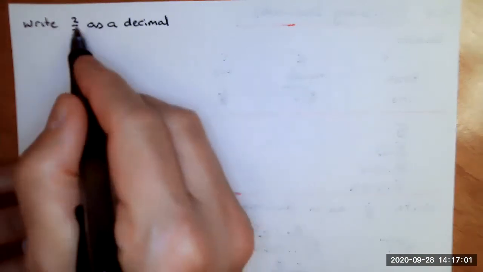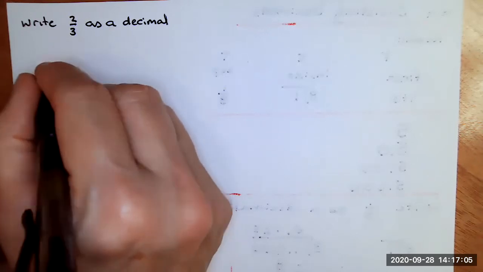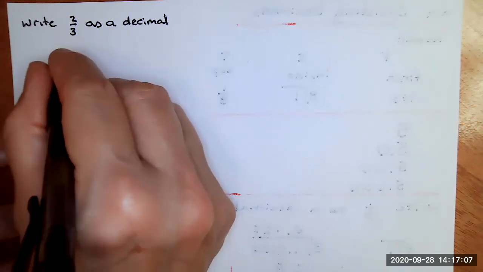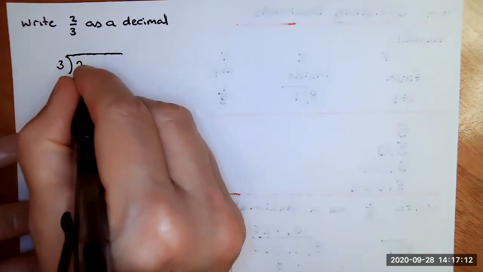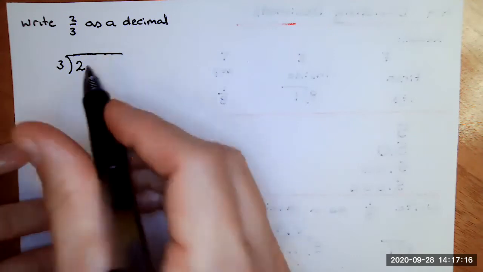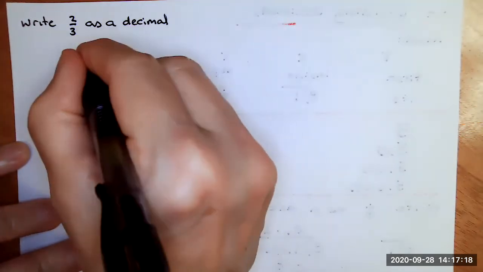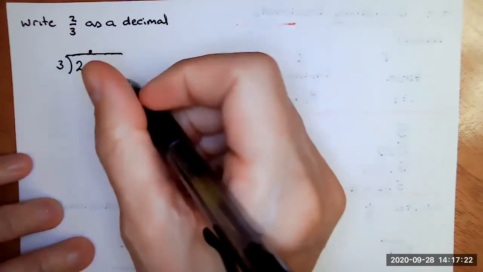Right, so the first thing you need to remember is that the number on top is the one that goes on the inside. And then 3 does not go into 2, so we can add a decimal point. And when you add the decimal point, be sure and put it in the top.